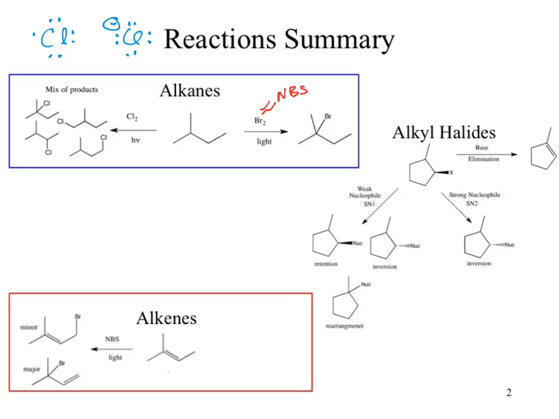The very last functional group is the alkenes, which we've really only seen one reaction, sort of, and that's looking at our NBS. So we're doing a free radical substitution reaction again with our alkenes. You'll notice that I've drawn two products. Why did I draw two products?